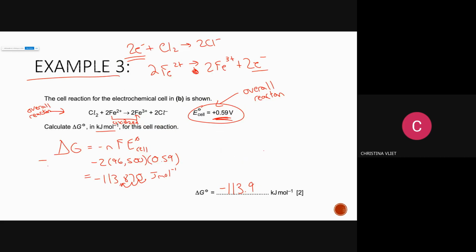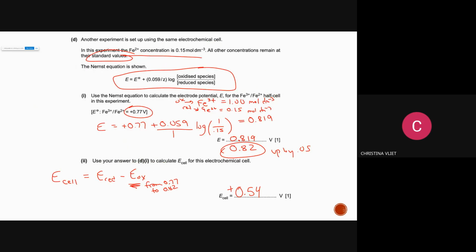Because if it was originally 0.59, the overall cell, and the oxidized part went from 0.77 to 0.82, that means you're subtracting 0.05 more than you were before, which means your overall cell goes down. So if the original one was 0.59, but you're subtracting 0.05 more, this is 0.54. That's how you get the answer.